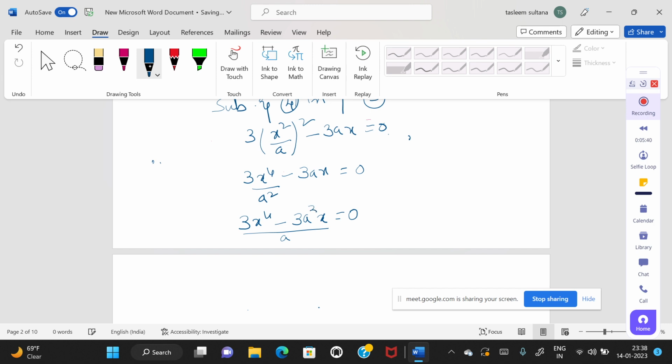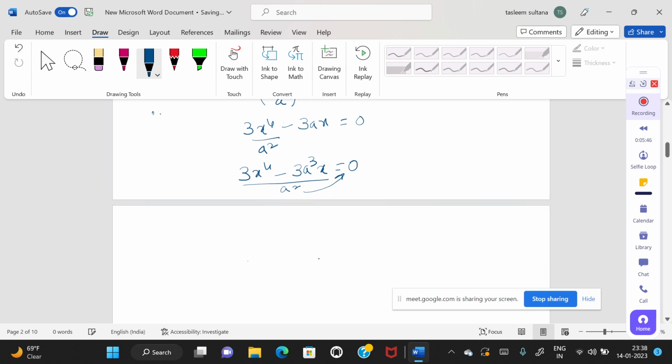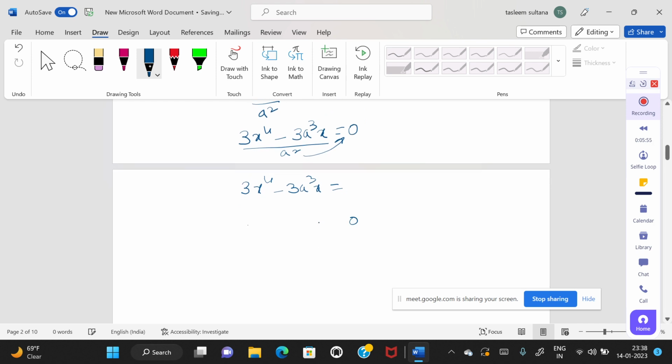So it will be 3x power 4 minus 3a cube x by a square. Now cross multiply, it reduces to 3x power 4 minus 3a cube x is equal to 0. I can take 3 as common: 3 of x power 4 minus a cube x is equal to 0.